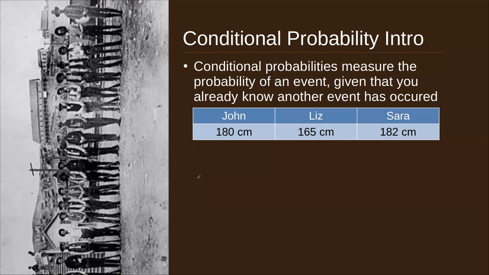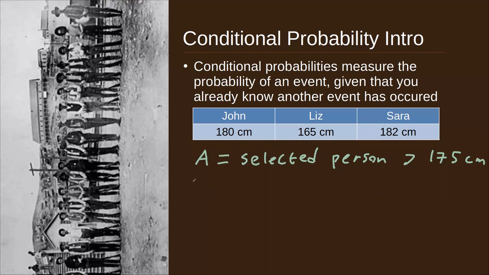And now we define a few events so that we can look at a conditional probability. So let A be the event that the selected person is taller than 175 centimeters.